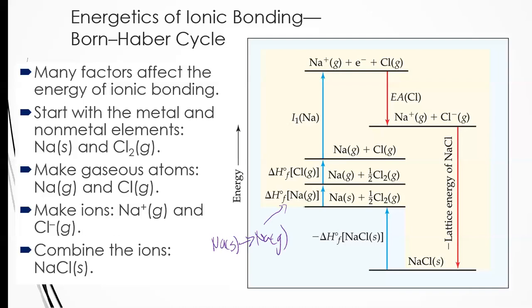So us vaporizing our sodium. This second transition here is what we require to take our chlorine from being Cl2 together to being two individual chlorine atoms. So it's us breaking that chlorine-chlorine bond.